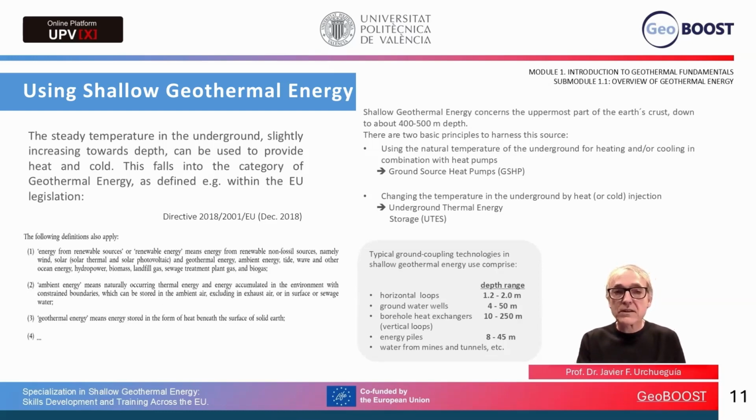Borehole heat exchangers, as I said before, go up to 250 meters, and are also sometimes called vertical loops. We can also use water from mines or tunnels or other underground resources in different types of systems. As you can see, there is a high variety of shallow geothermal systems, and this is one of the features of this technology. It is highly flexible and highly adaptable to different needs and to different conditions.